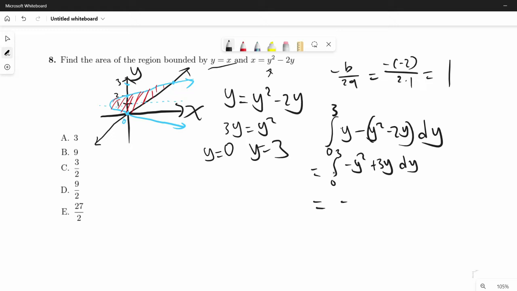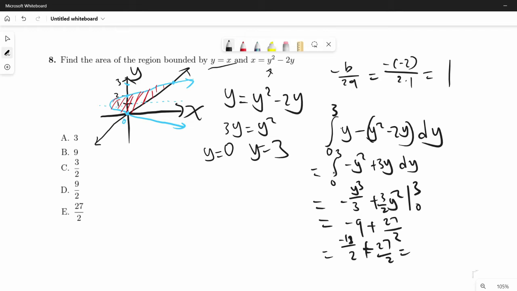So this would be 0 to 3. And then just plug in. That would be 27, negative 9, plus 27 over 2. 9 over 2 will be our answer.